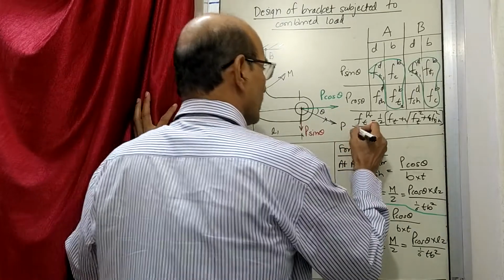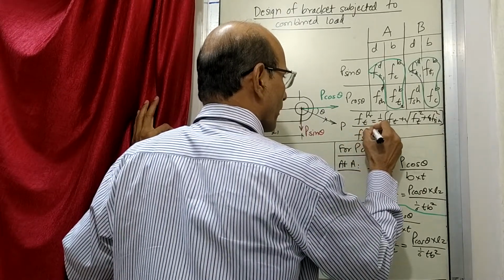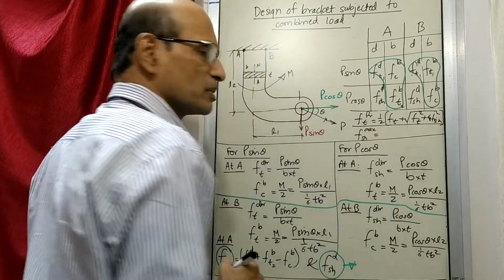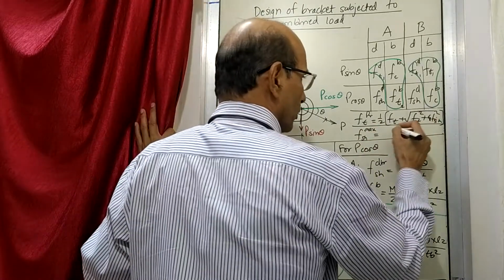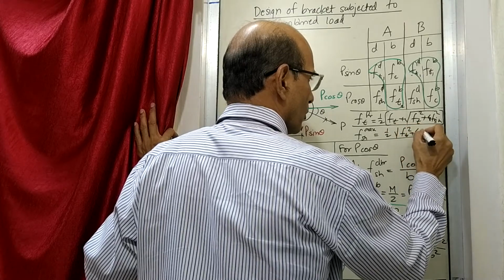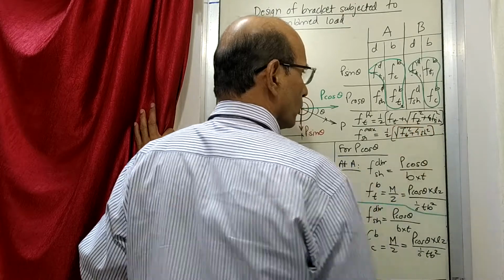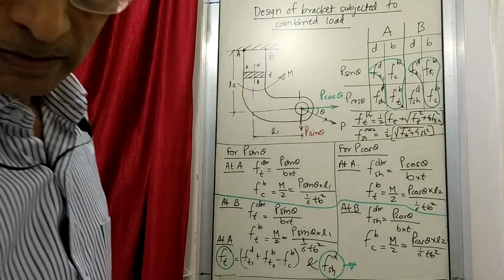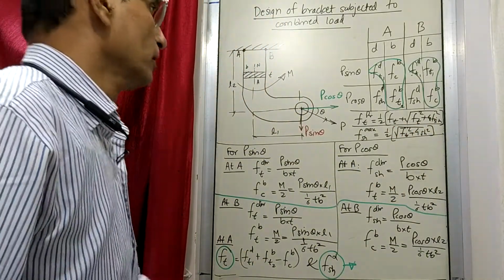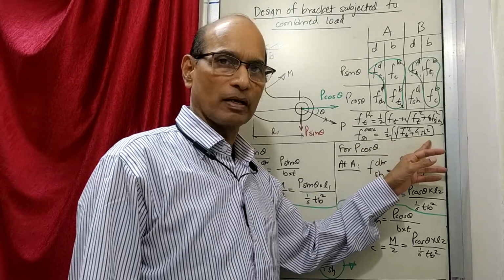Then similarly, shear maximum. Shear stress maximum will be, that will be only one side. Now this equation you already have with you. So half of square root of ft square plus 4 times f shear square.